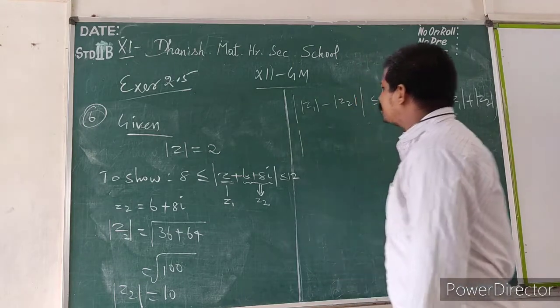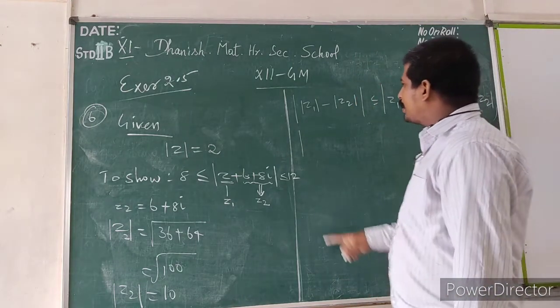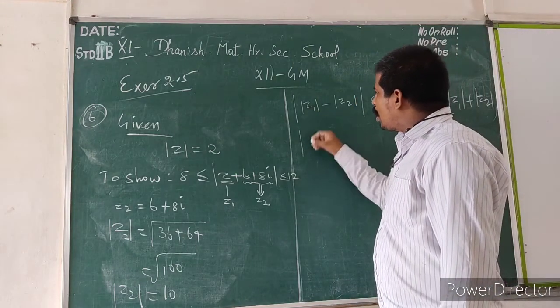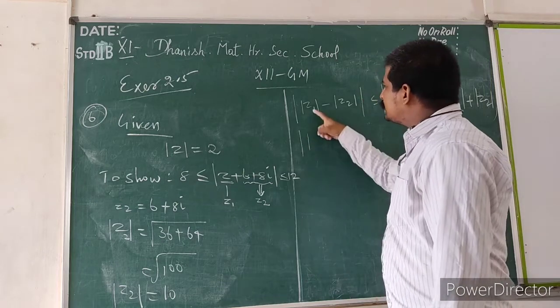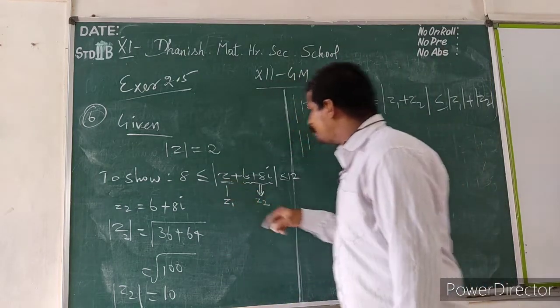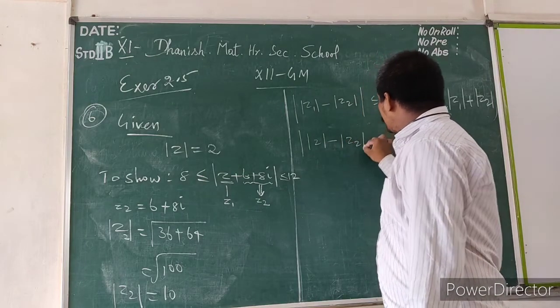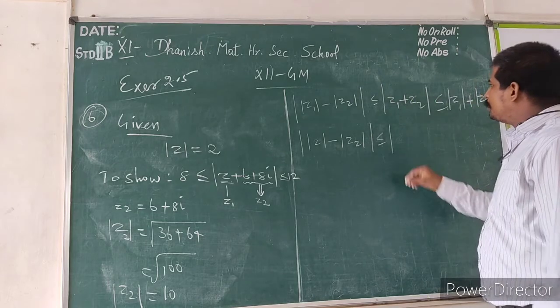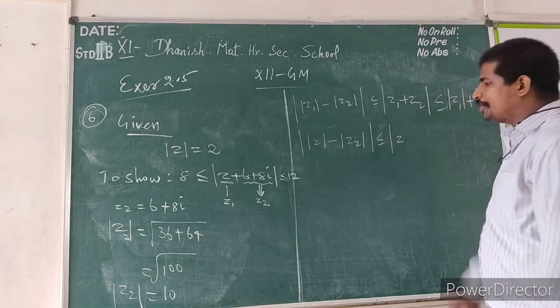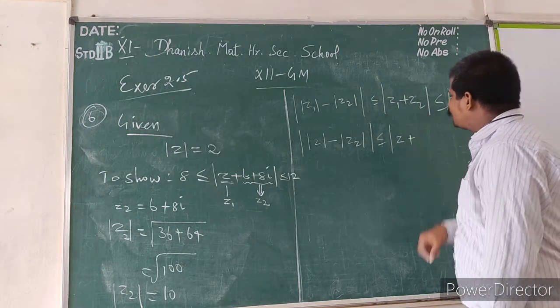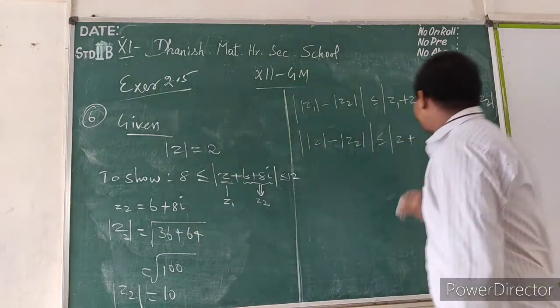Now we are going to substitute the values. Modulus z1, instead of z1 I am going to put z, minus modulus z2, is less than or equal to modulus of z1 plus z2. Instead of z1 I am going to put z plus z2. What's our z2? 6 plus 8i.